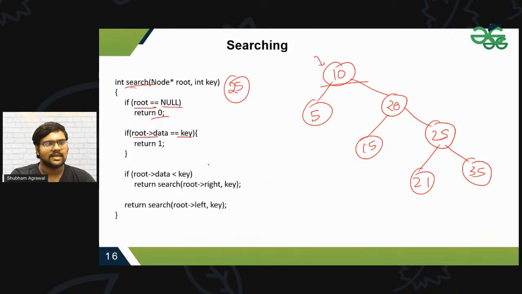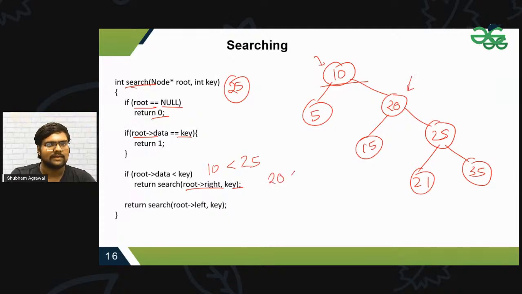So root data is 10 and key is 25. So 10 is less than 25, so we will go to the right of the tree. We will come here, and again 20 will be compared with 25, and again we will go to the right of it.